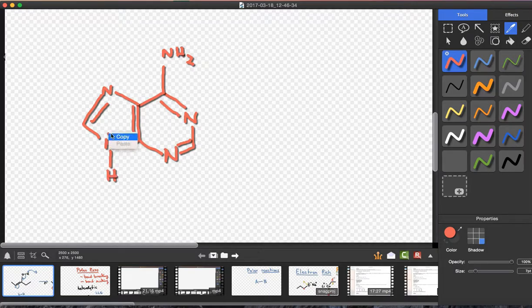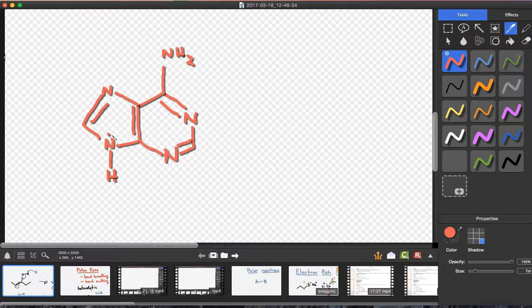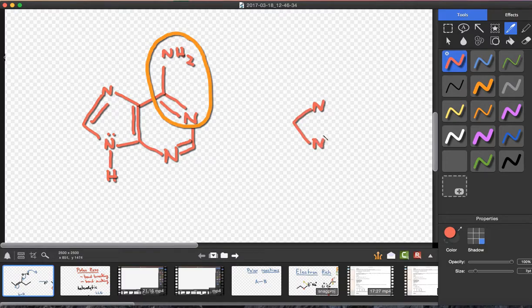So this is adenine, and it is in the enamine form. And I'm going to highlight the enamine portion for you. The imine form would look like this.